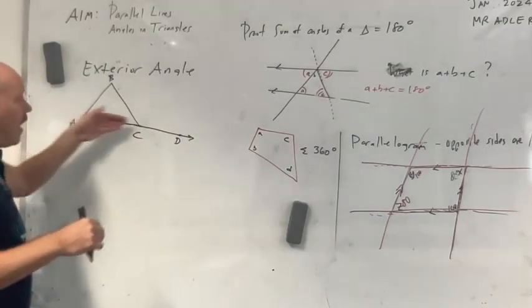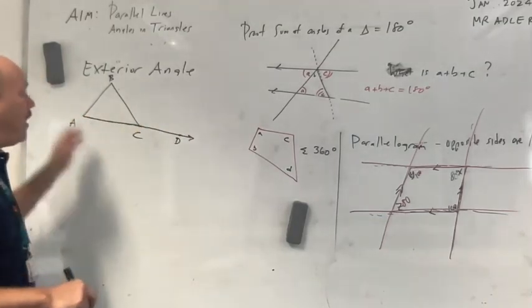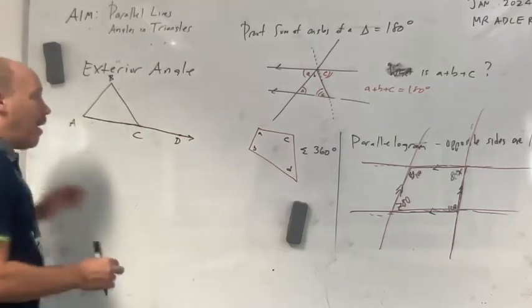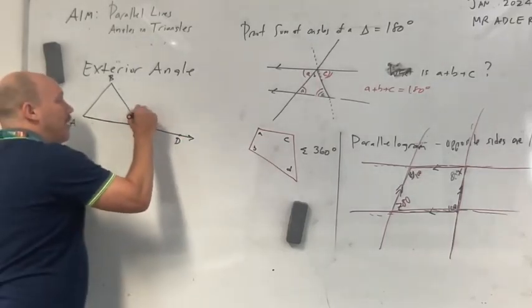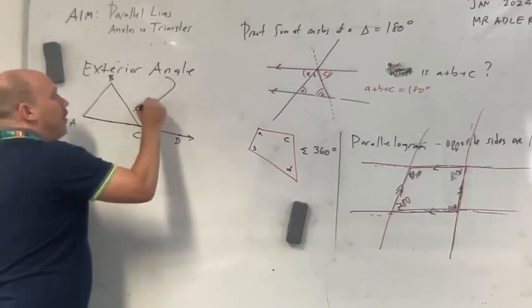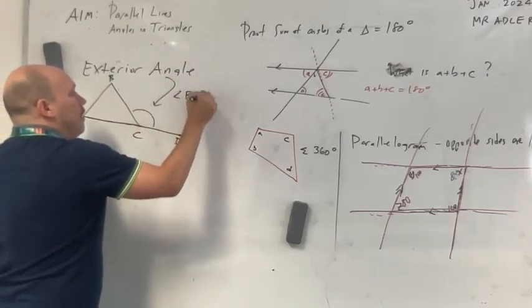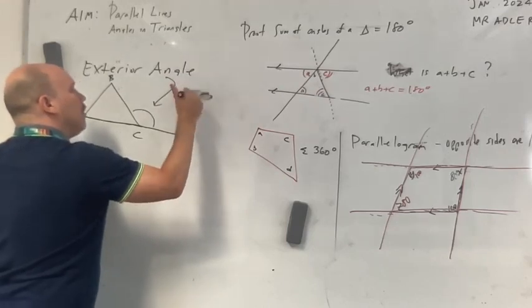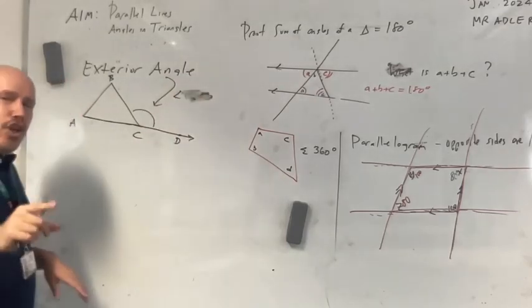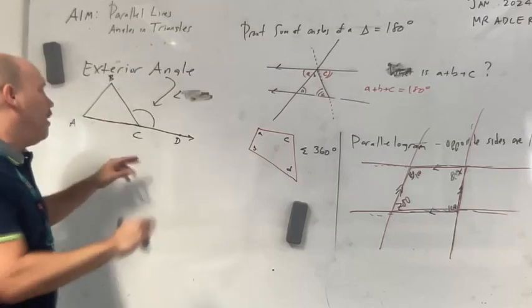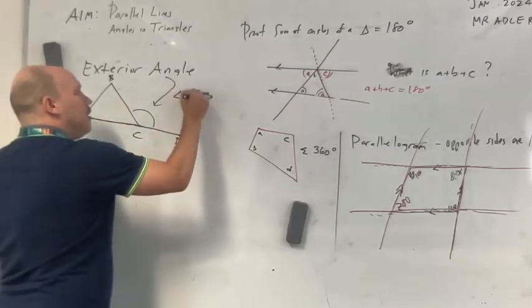What I've done is extended the side. And I've created here what is known as the exterior angle, angle BCD. Actually, it's kind of funny, in GeoGebra they would say DCB. So let's do that.